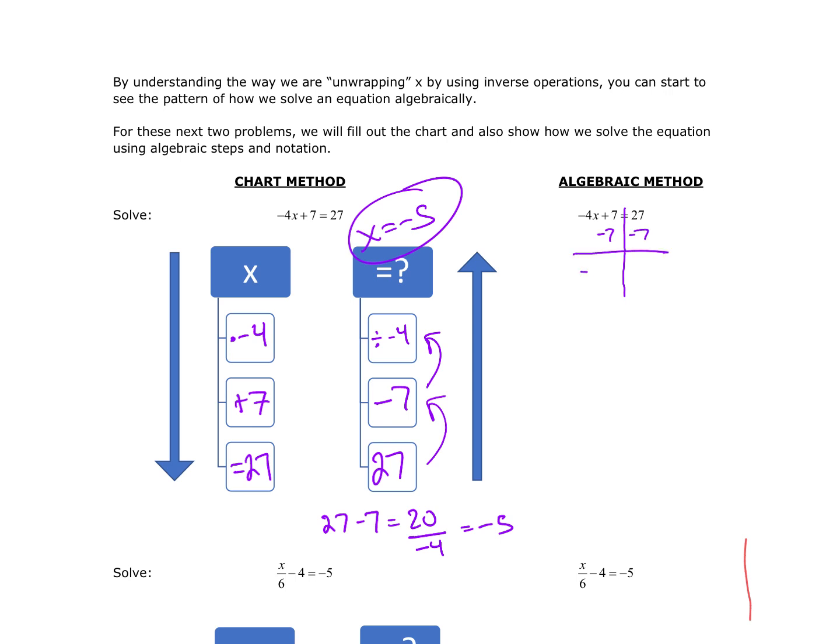And so now I have negative 4x, because the 7 minus 7 is 0, cancels out, equals 27 minus 7 is 20. And now it says negative 4 times x. To undo that, I divide by negative 4 on both sides, and x equals negative 5. So same answer, but this chart process can kind of help us understand why we're doing things in the order that we do.